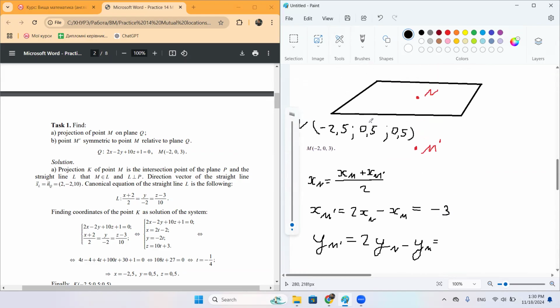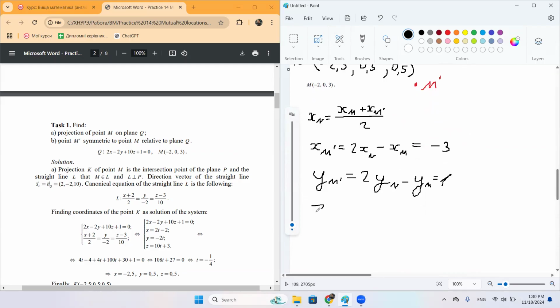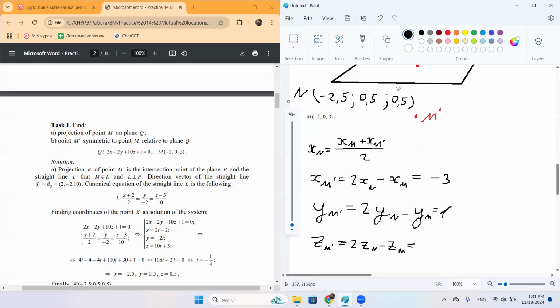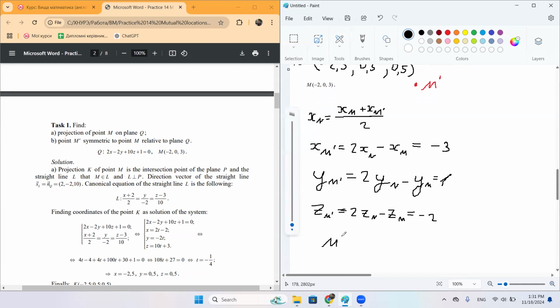So 1 minus 3 minus 2. So coordinates of M prime: minus 3, 1, minus 2.